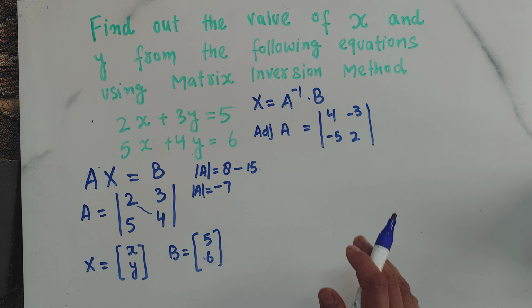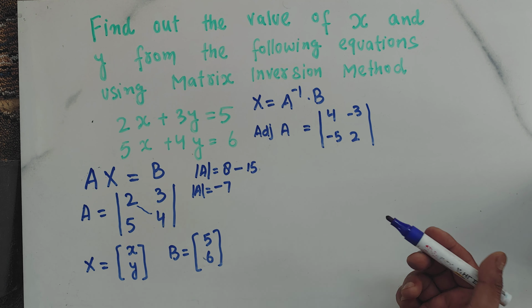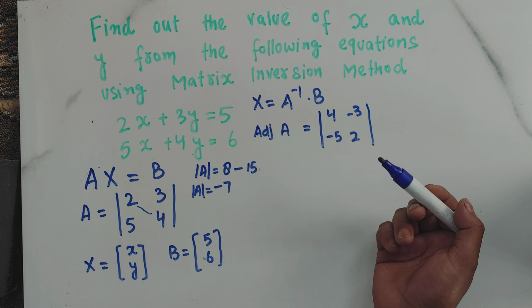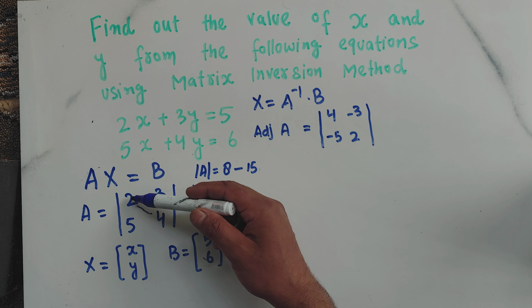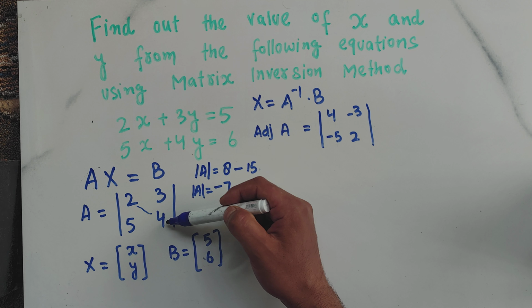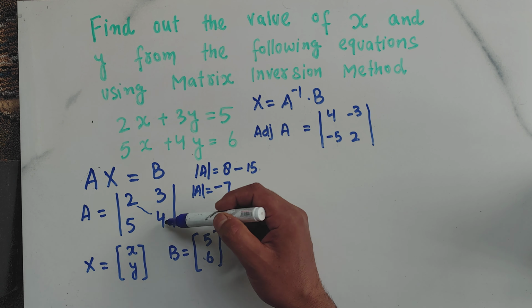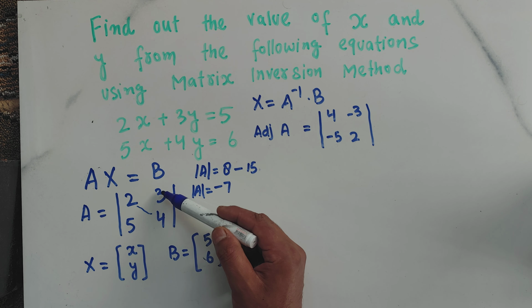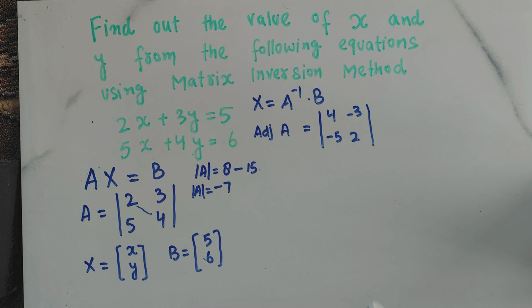This is a simple way to find the adjoint of a 2 by 2 matrix. We swap the principal diagonal elements, so 2 goes down and 5 goes up, and we change the sign of the non-principal diagonal elements. If it is positive, it becomes negative; if it is negative, it becomes positive. This is a shortcut. Otherwise we have to find it using minors and cofactors.